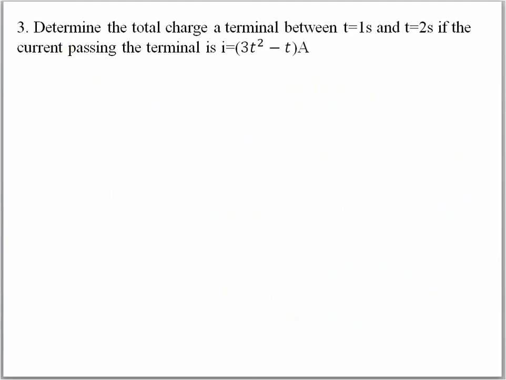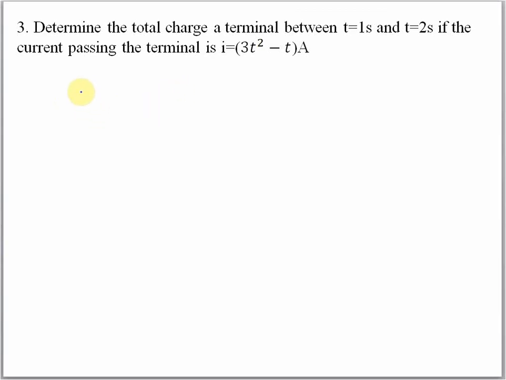Next question: determine the total charge at the terminal between t equals 1 second and t equals 2 second if the current passing through the terminal is i equals 3t square minus t ampere. So here the current is given, 3t square minus t ampere.